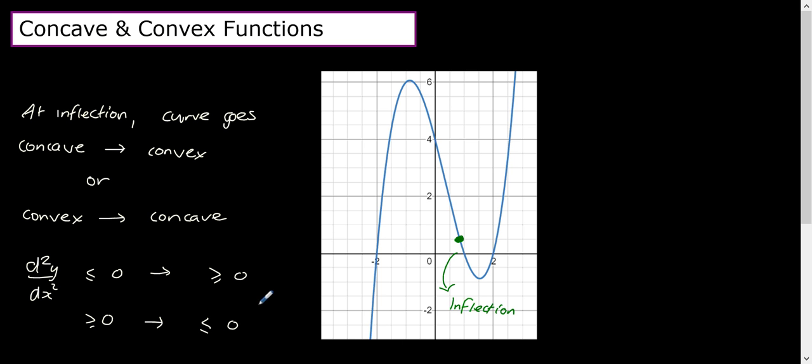So again, it's changed sign, except this time it's gone from positive to negative. And that's what a point of inflection does. Now, the other key thing to remember about a point of inflection is, at a point of inflection, d squared y by dx squared is actually equal to 0. And that's what indicates the idea of the sign change.